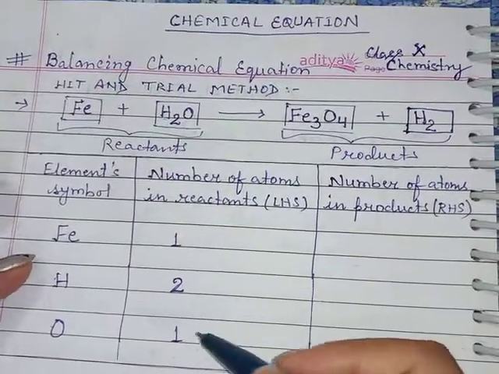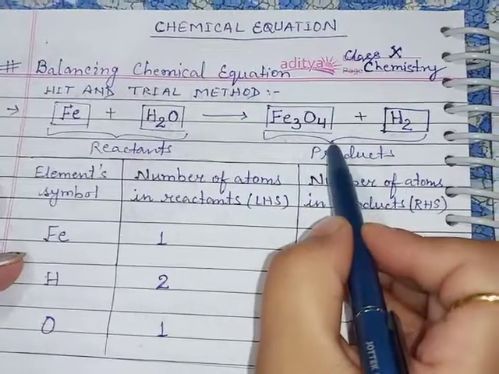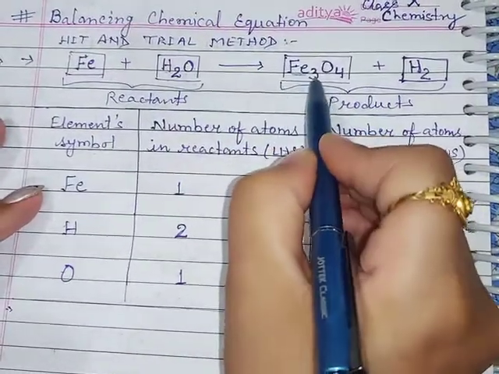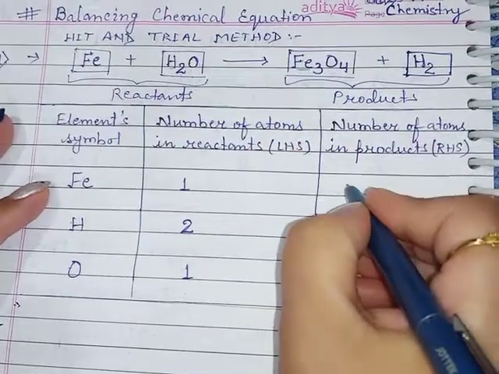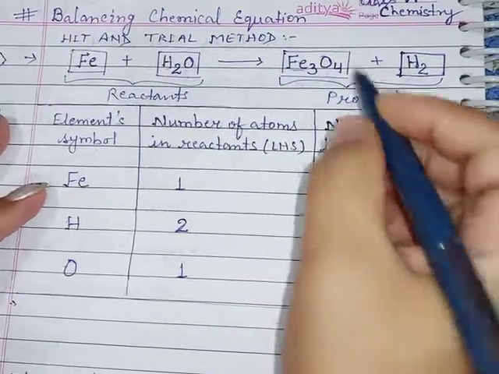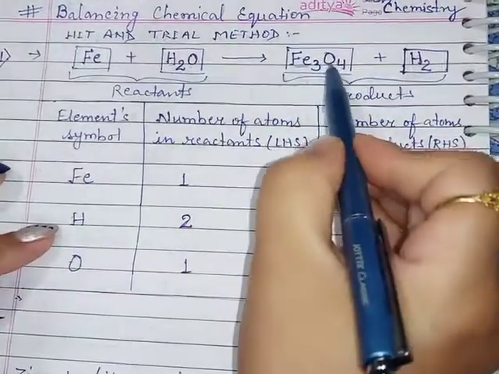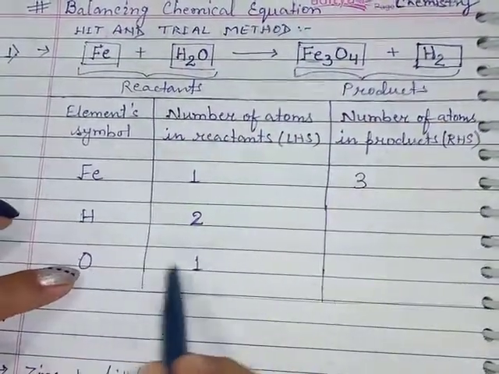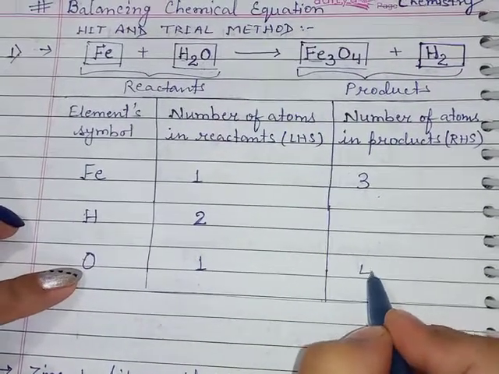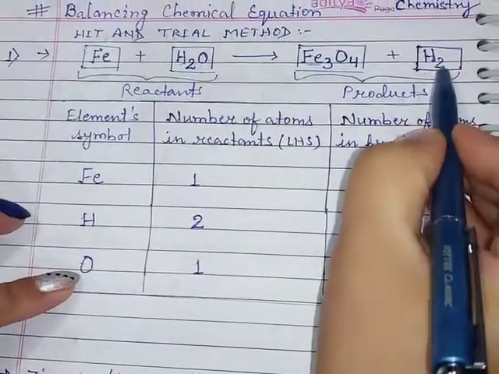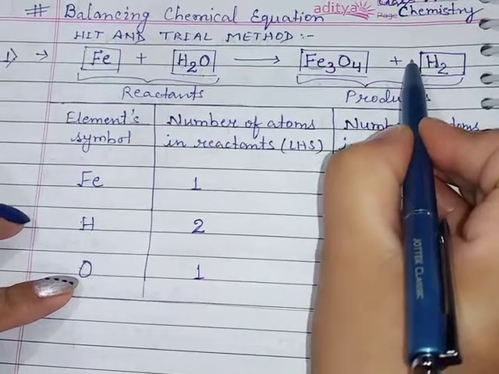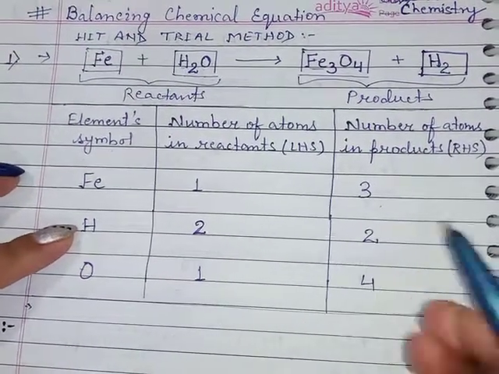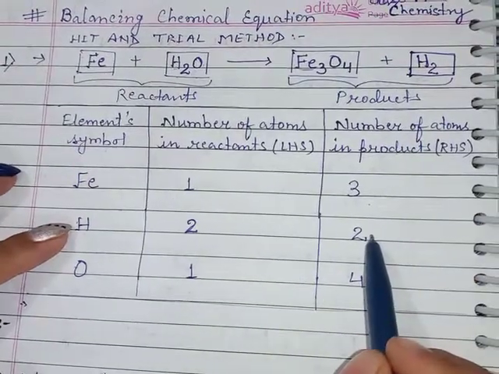In the same manner, we count the number of atoms in the products. Here iron is 3 multiply 1, that is 3. Second is oxygen. Oxygen is 4 multiply 1, so we write 4. And hydrogen is 2 multiply 1, so hydrogen is 2 atoms in the products.